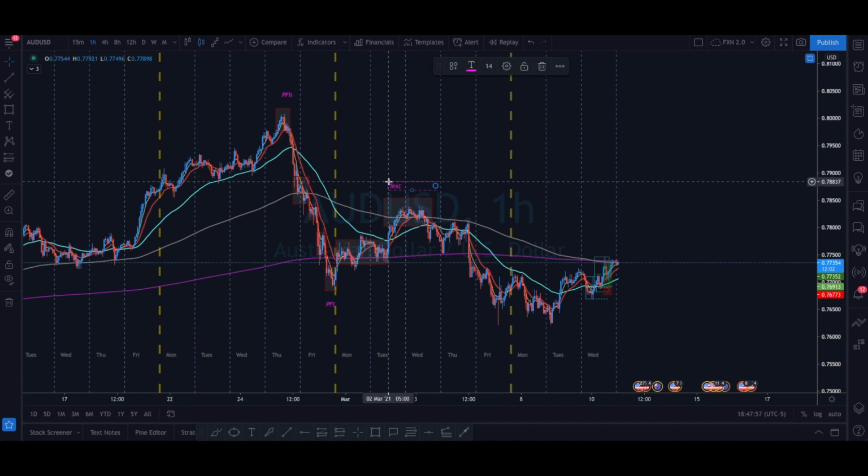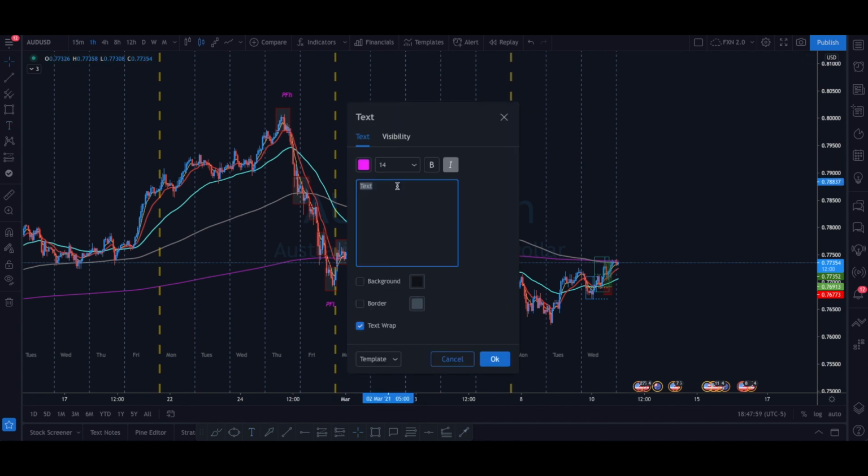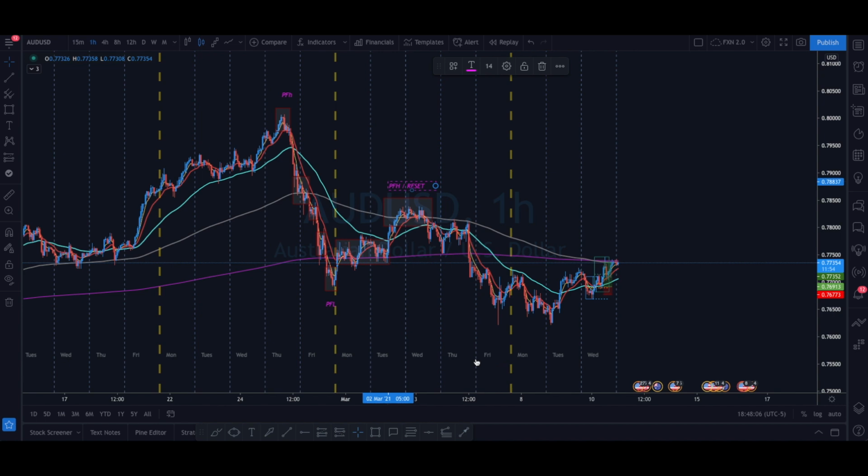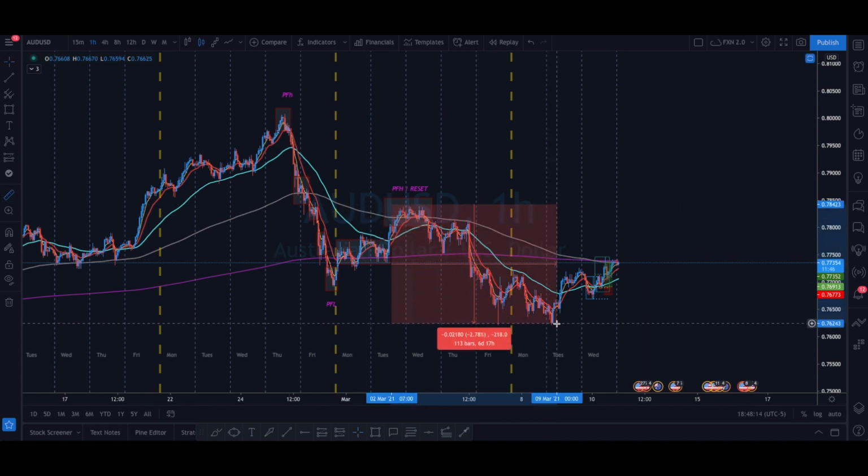Now, because I know this is a reset, this will actually turn to peak formation high, reset. Okay. And then from here, I start counting from the very top to the bottom. So 218, so we're pretty much right at 3 times ADR.